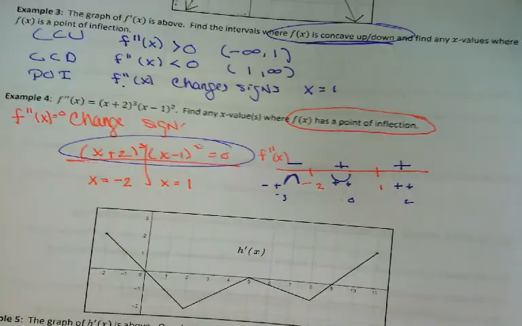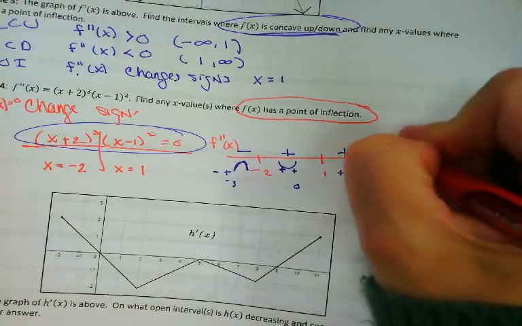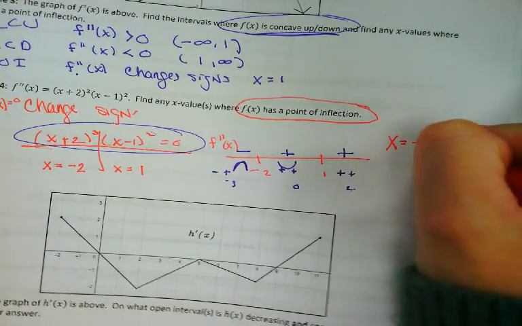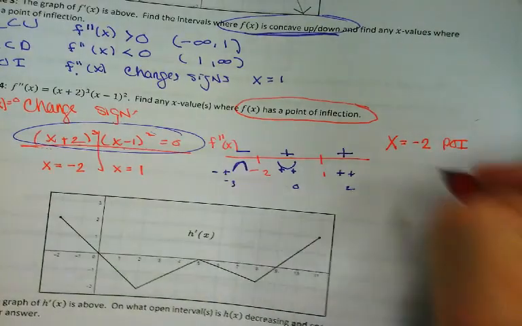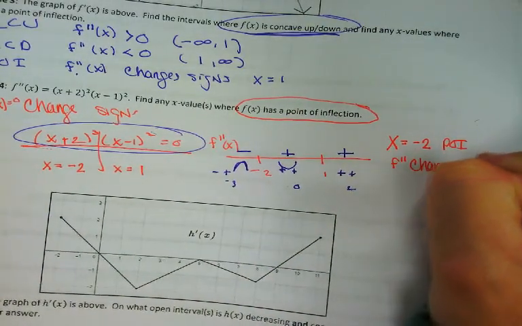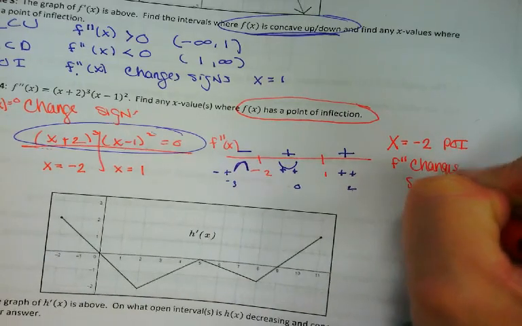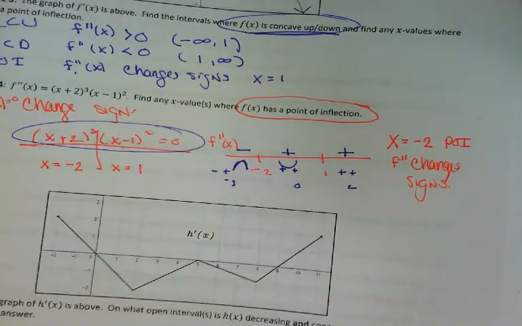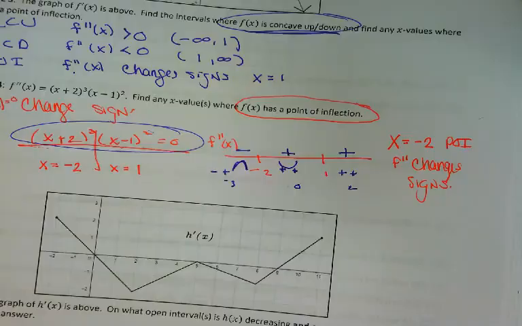Where do I have a point of inflection? Good. X equals -2 is a point of inflection, and my reasoning is F double prime changes signs.